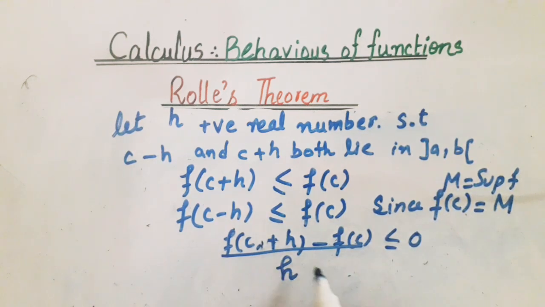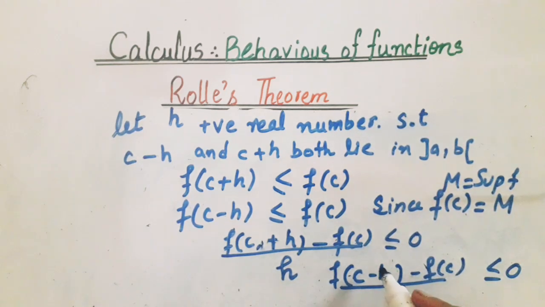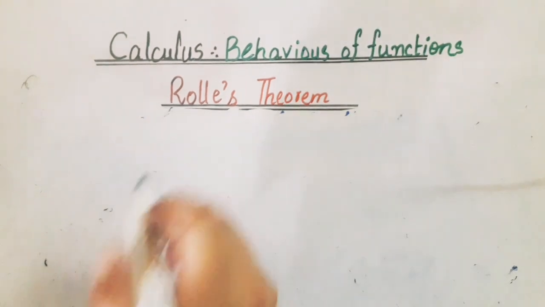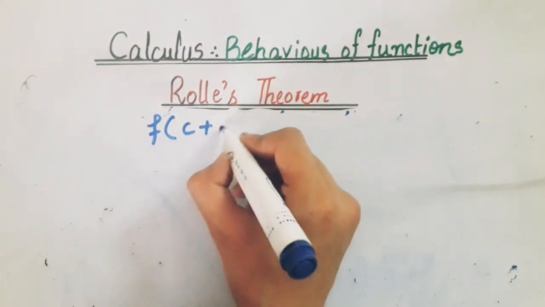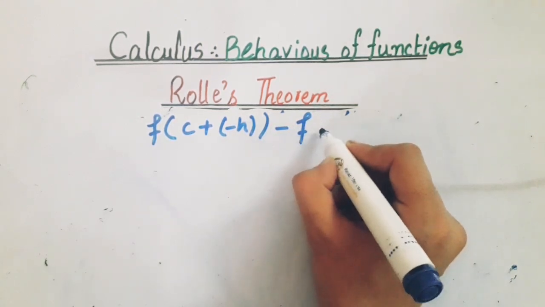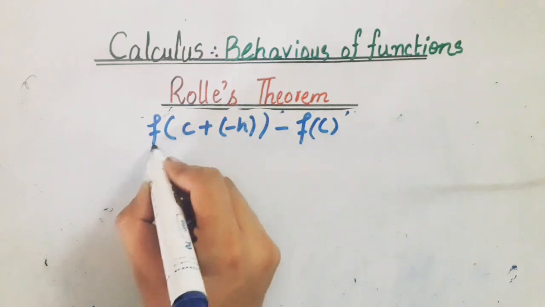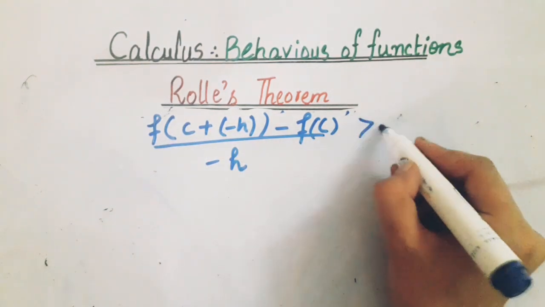Similarly, we write that f(c − h) − f(c) divided by −h is greater than or equal to 0.